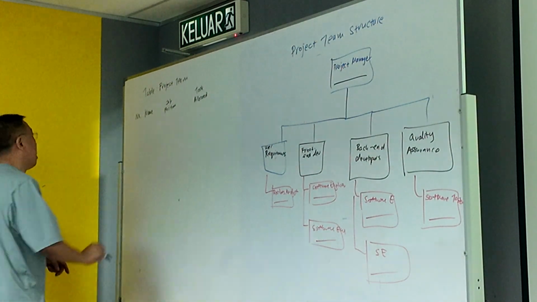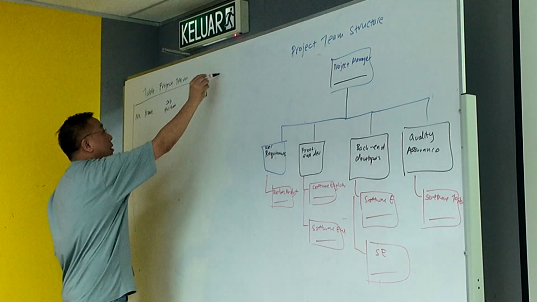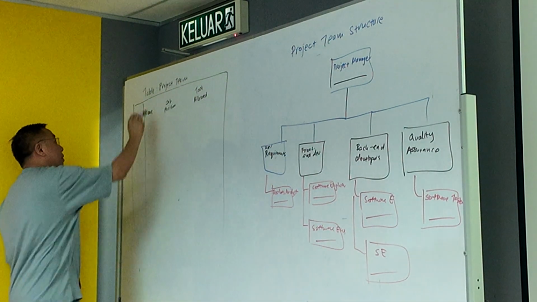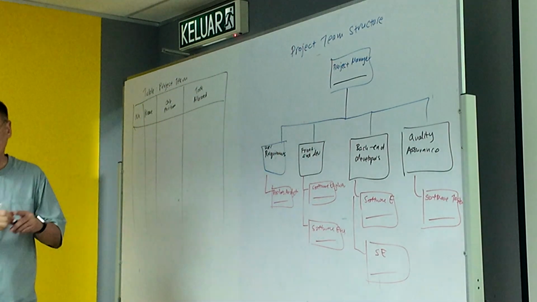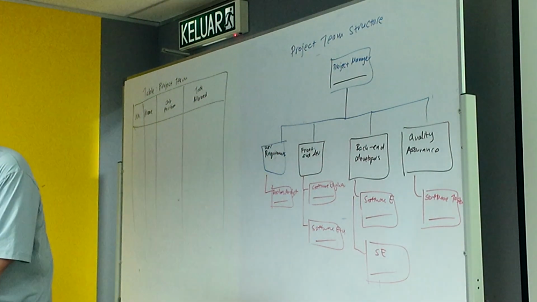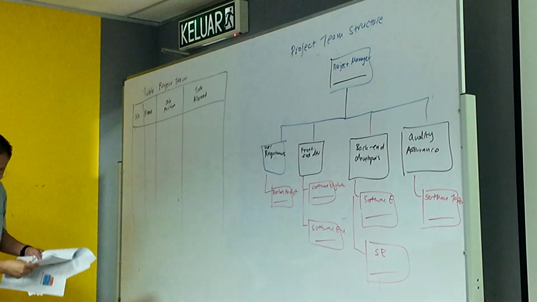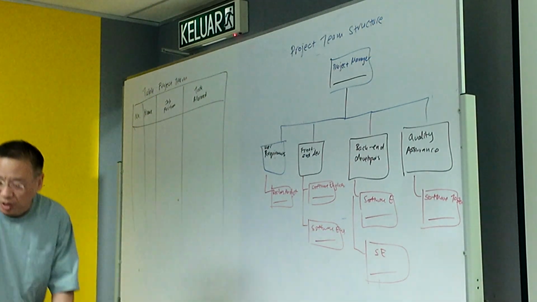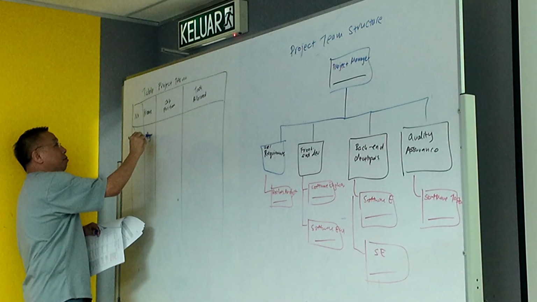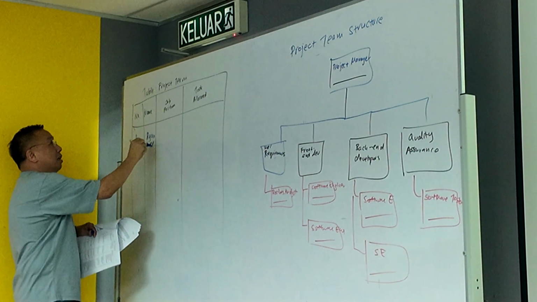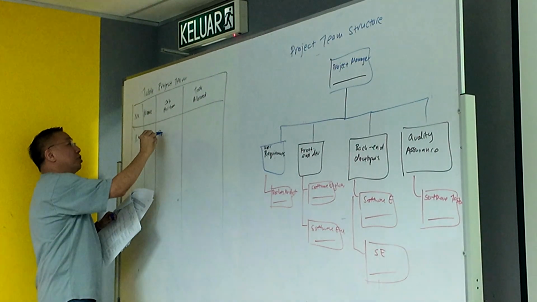So this one, for example, so let's draw a table here. So your project manager, put your project manager's name. So number 1, so project manager Ryan Lee, job position, project manager.